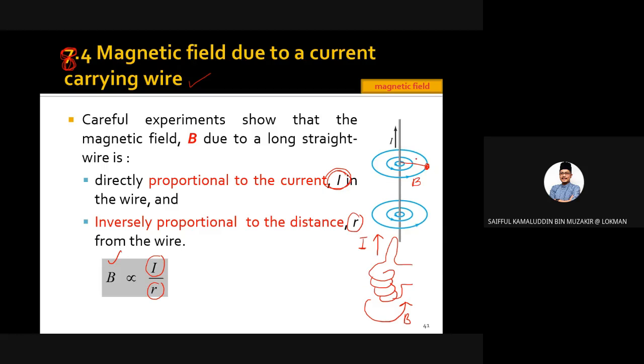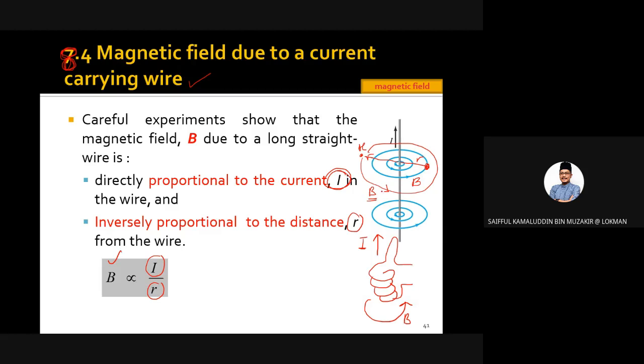This is the R. Any point, for example, like this. Let's say this is point X. At this point, at this R, what is the strength of the magnetic field? Over here, we could calculate.